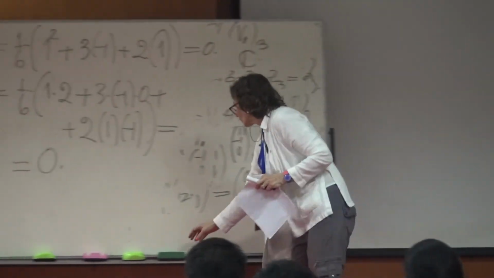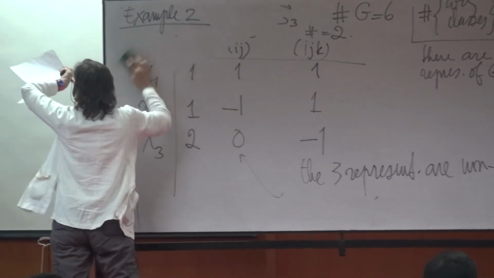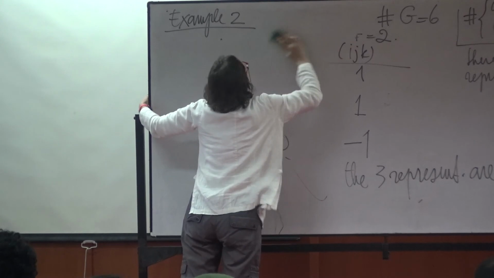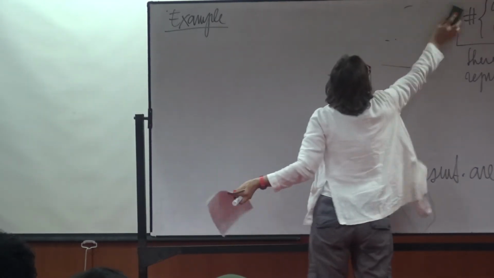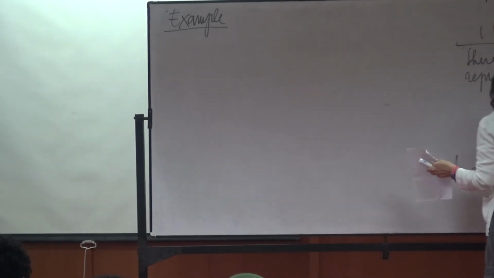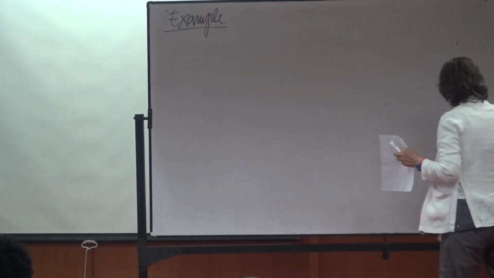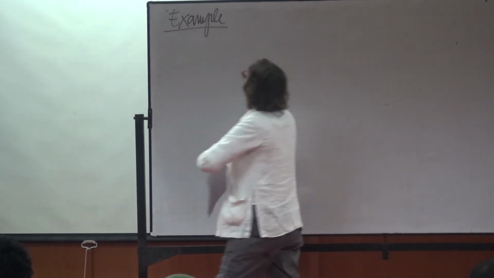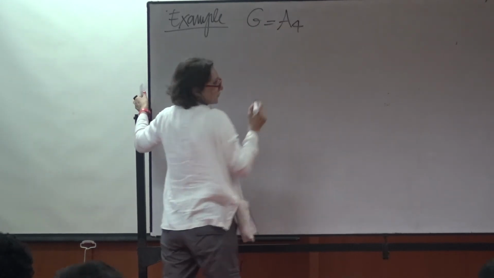Okay, so maybe next group would be A4. Maybe I just start and then tomorrow we finish. For instance, just 2 things I want to say about A4, because I cannot finish it now.